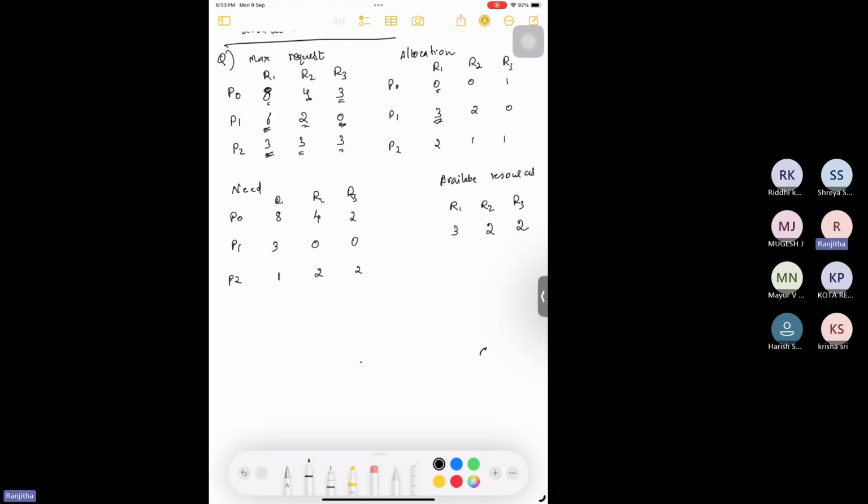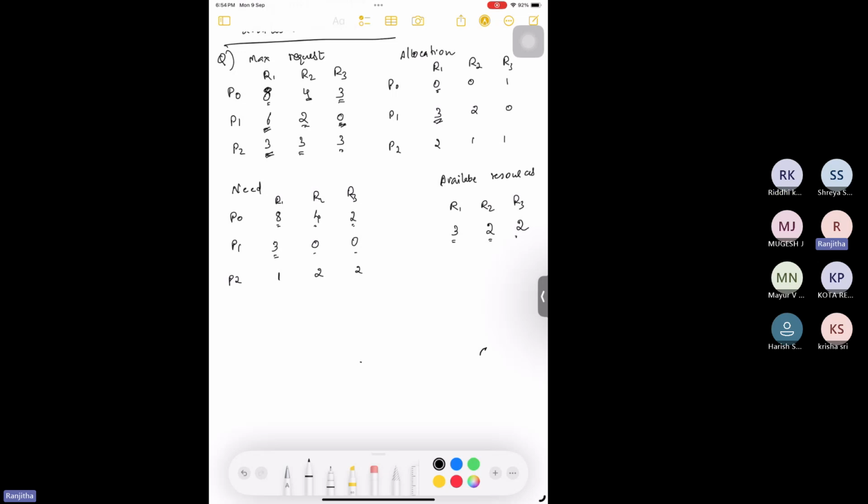So currently, let's start from P0. Currently we have 3, we have 2 and we have 2. P0 requires 8, 4 and 2. Will we be able to schedule P0 now? Will P0 be able to complete? No, ma'am. No. Can we schedule P1? Yes, ma'am. P1 needs 3 more, then 0, 0.